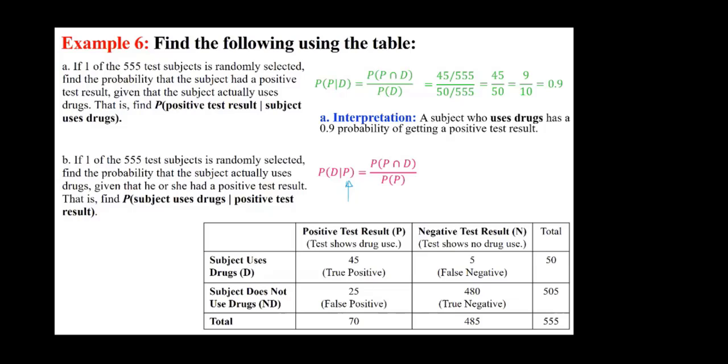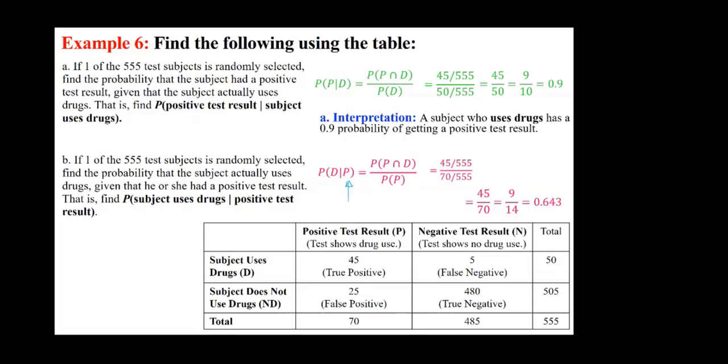It shrinks and it ends up being number 70, which is the first column, positive test. Why is that? Because it says given positive test. And out of those, how many in that column use drugs? 45. You can write 45 over 70 and simplify it, and it becomes 9 over 14, and it becomes 0.643.